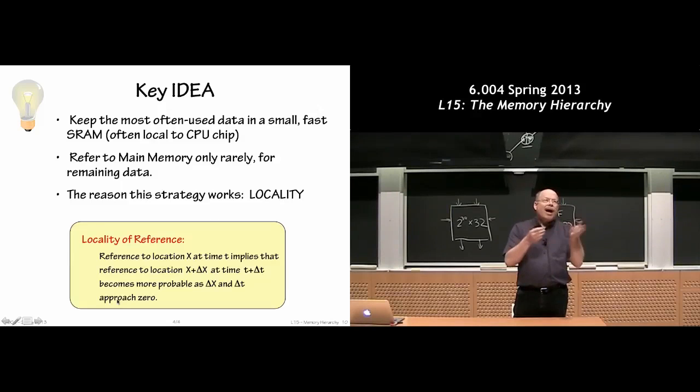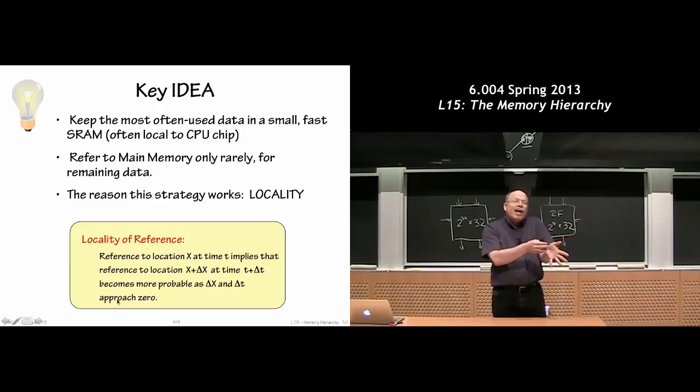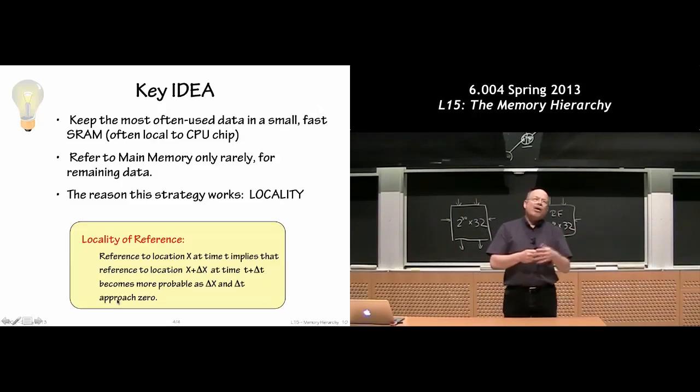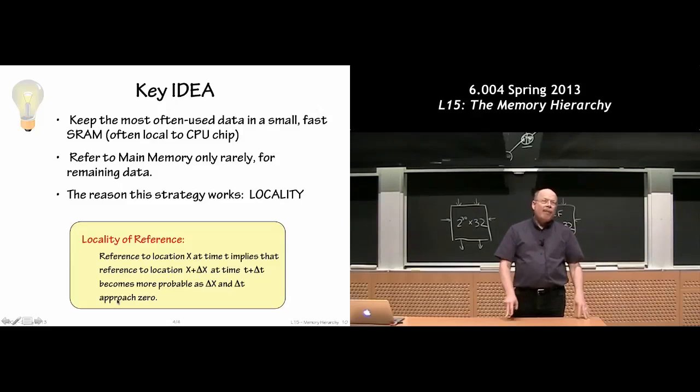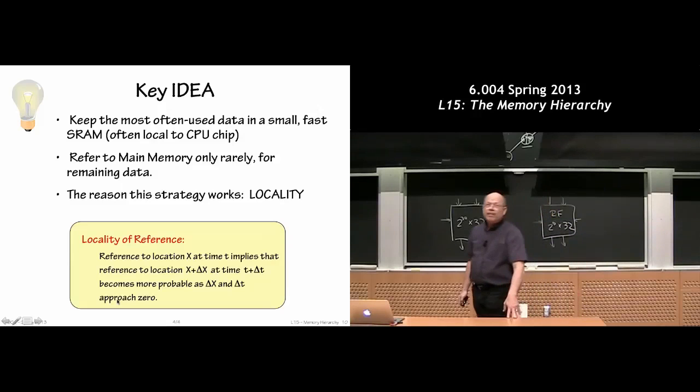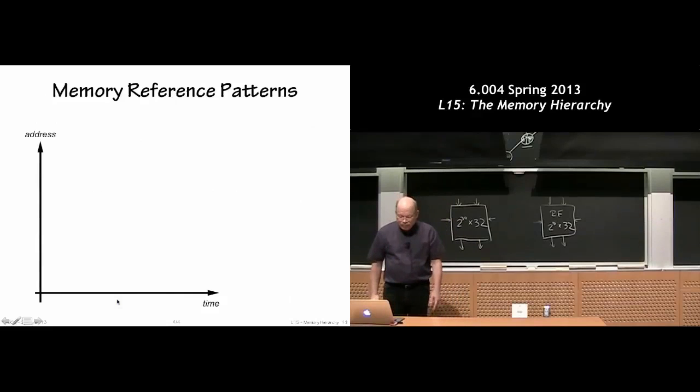In other words, if I'm asking for the memory location at X, in the next cycle I'm very likely to be asking for the one at location X plus 4, particularly if it's instructions. And because of looping and the behavior of our programs, if I've asked for an instruction in the past, there's a reasonably good probability that I'll ask for it again in the not too distant future. So we're going to take advantage of that.